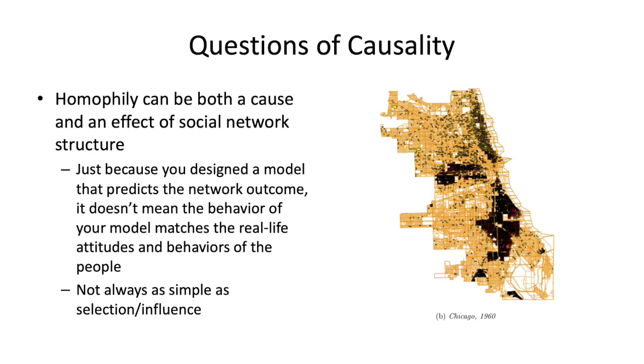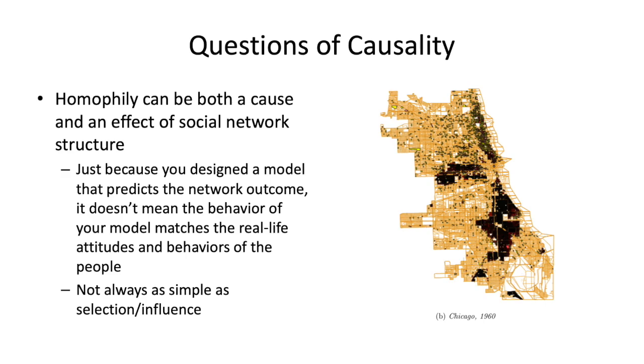If you design a model and you say, okay, we can model between time 1 and time 2, that doesn't mean your model is actually modeling the behavior of the people. So just make sure you're grounding your ideas in a reasonable behavioral theory, let's call it that.